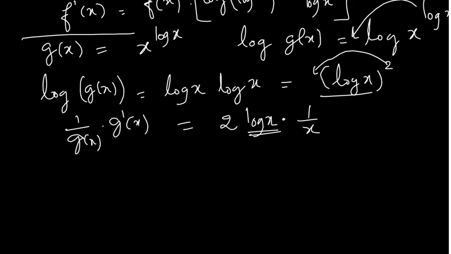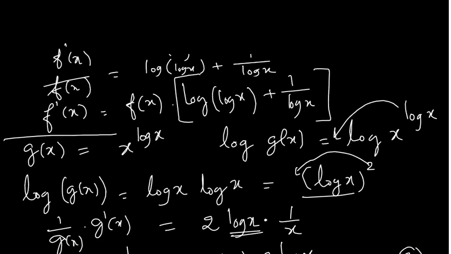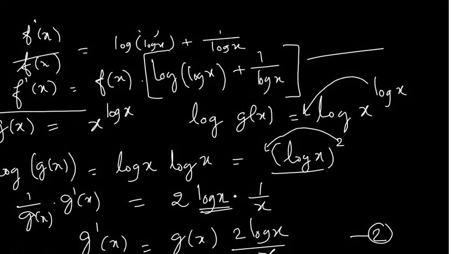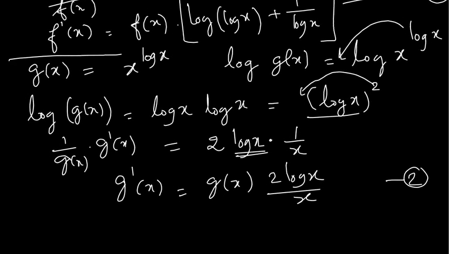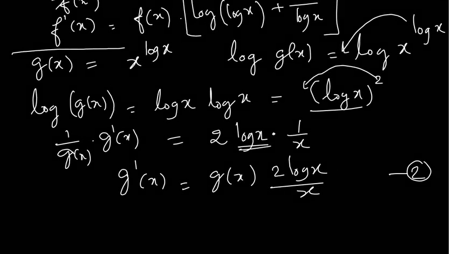So g dash x equal to g of x into 2 log x divided by x. This is equation 2, and this is your equation 1. So you have to add these two to get the final answer. So 1 plus 2. The final answer dy by dx equal to 1 plus 2.